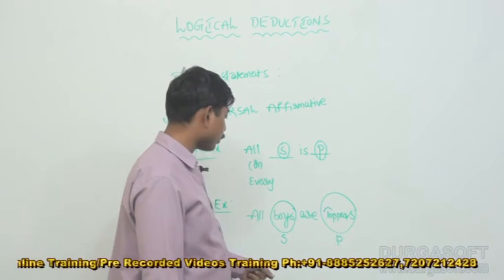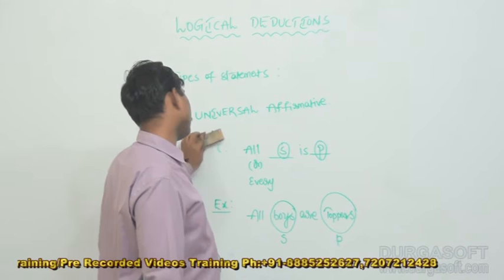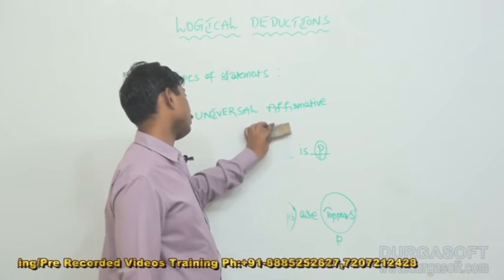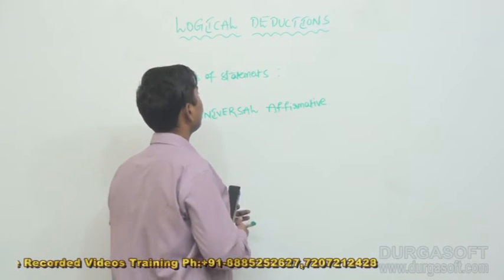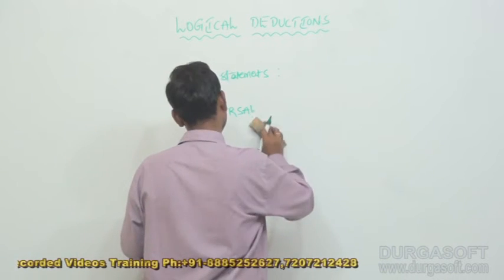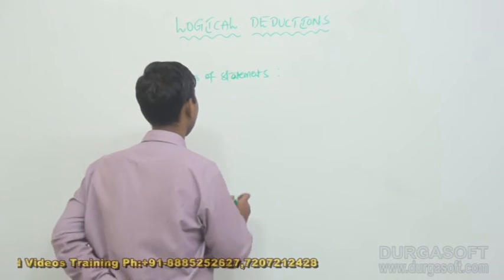Now let us go for the next type of statement, that is universal negative. That is the second type of statement in this topic.